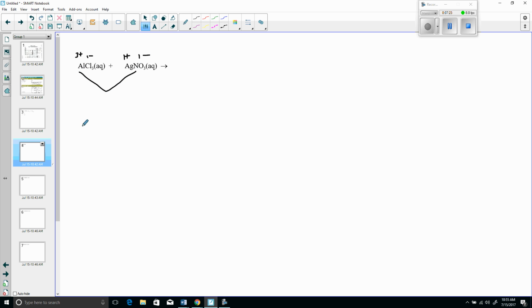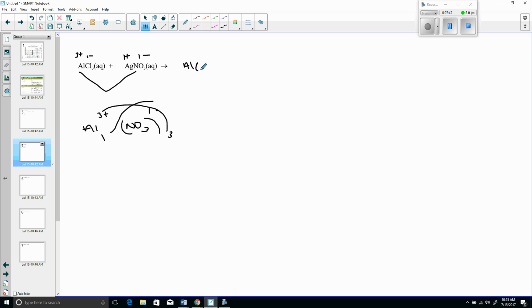Now, aluminum is going to pair with nitrate, NO3, 1-. Do the sum of the charges equal 0? That's right, they don't. So let's put a parenthesis around this. I'm going to take this. We need 3 of these, and we need 1 of these. So now we're writing the correct formula.